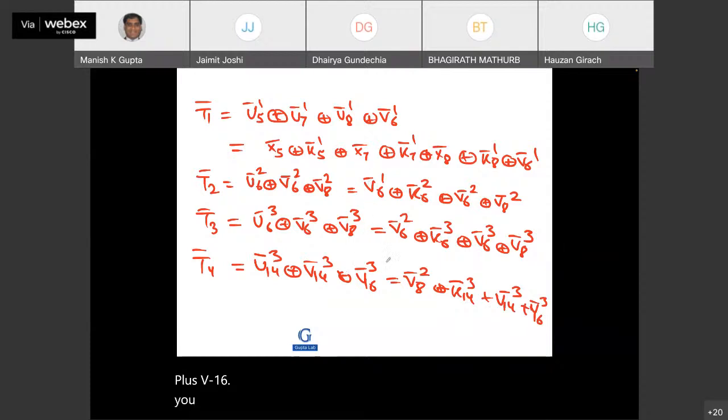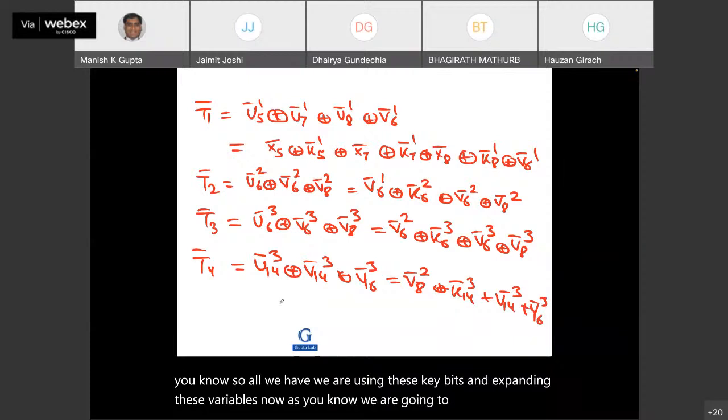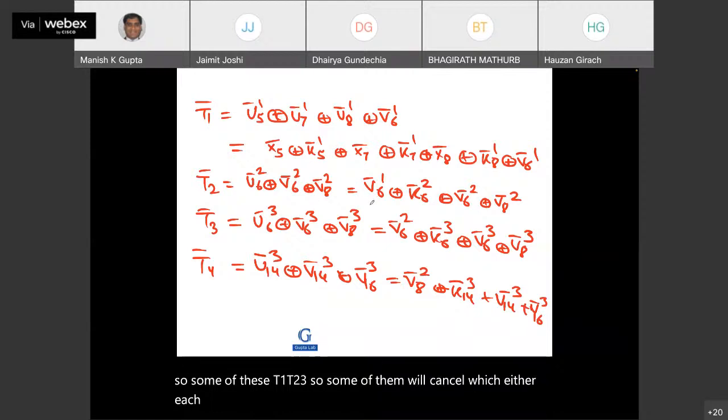So all we are using are these key bits and expanding these variables. Now, as you know, we are going to compute the sum of these T1, T2, T3. Some of them will cancel with each other, right? For example, this V61 and this V61, when you sum, these two will go off. Twice of this will be 0.